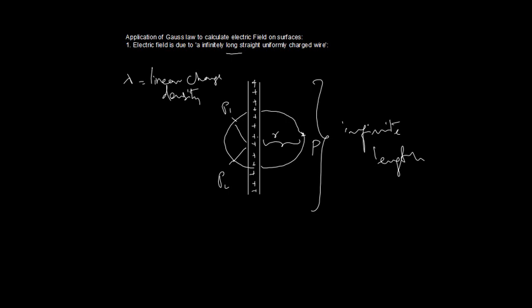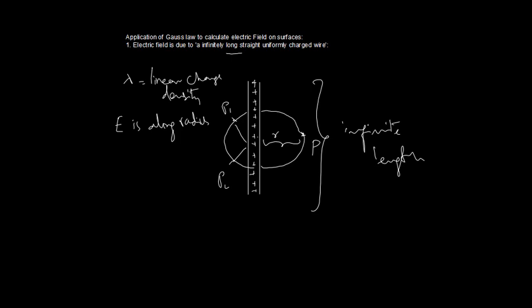Suppose we take the radial vector, the points P and P dash so obtained are completely equivalent with respect to the charged wire. Therefore, the direction of the electric field at every point must be radial. That means the electric field will be along the radius. E is along the radius.